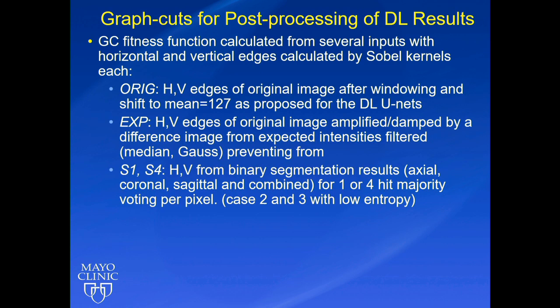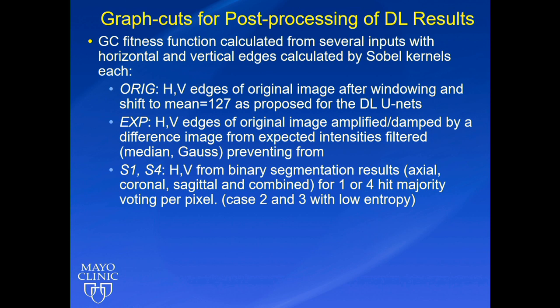The key point is how to get the graph cut fitness function. It's not a Gaussian mixture model. We have to incorporate the original image, edges of the original image, expectation edges of the original image after some applied smoothing, and then the 1 and 4 hits of our binary segmentation.